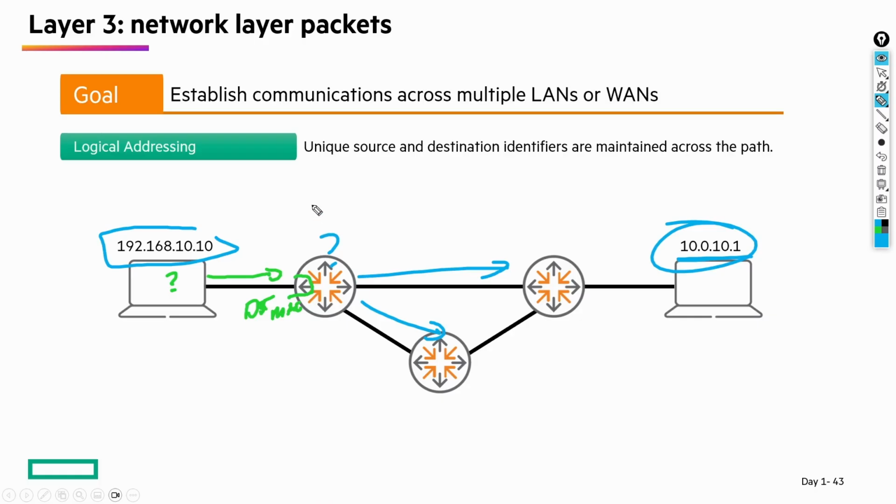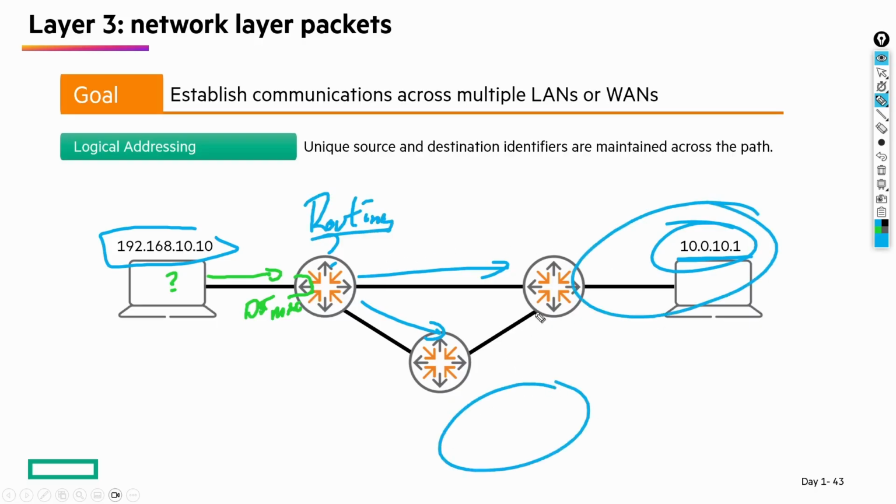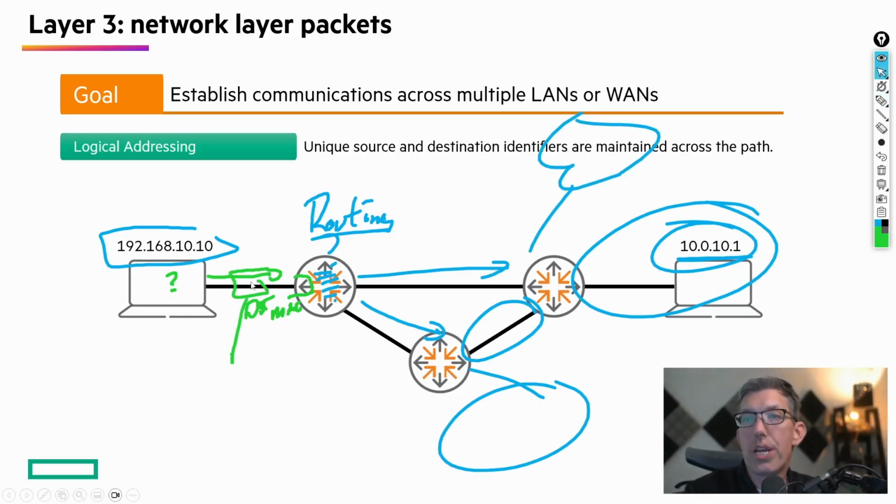This gateway function, this router function, is called routing. And it's what your router does. Your router knows about these foreign networks over here that exist, or it has a default route to get out to the internet or whatever, but it has some sort of route in its routing table to reach that destination. So just like your switch, you could do a show MAC address table and see MAC addresses to interfaces.